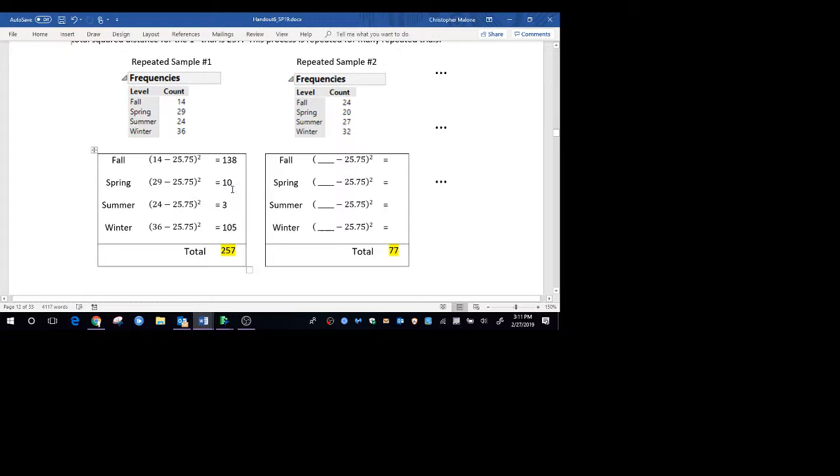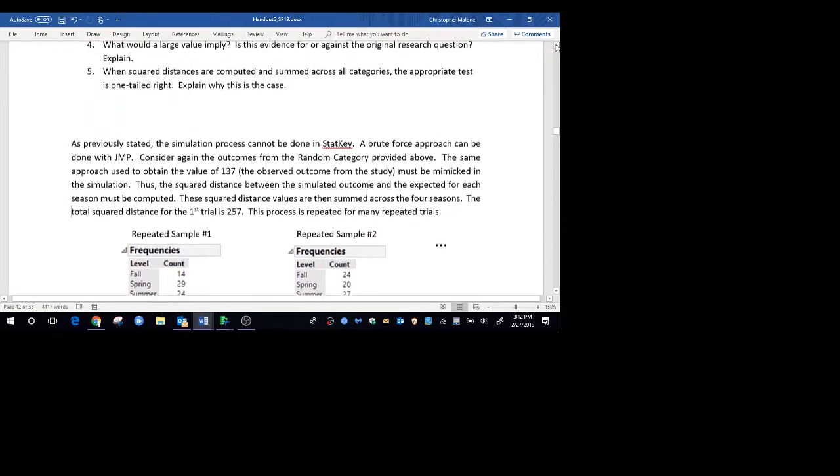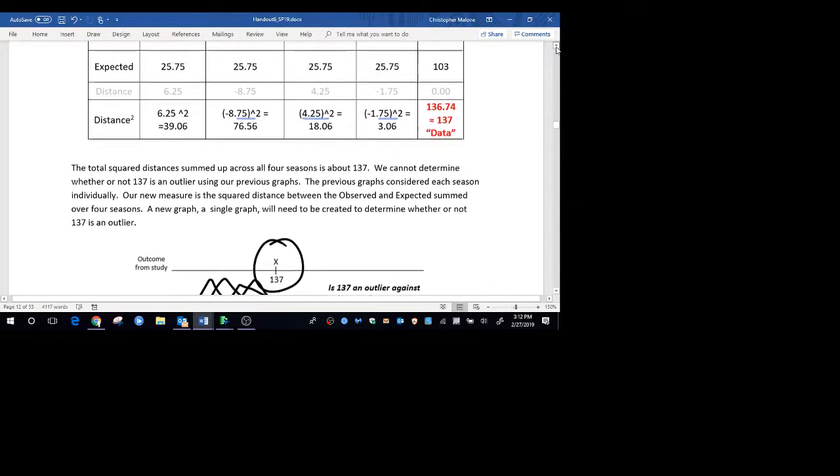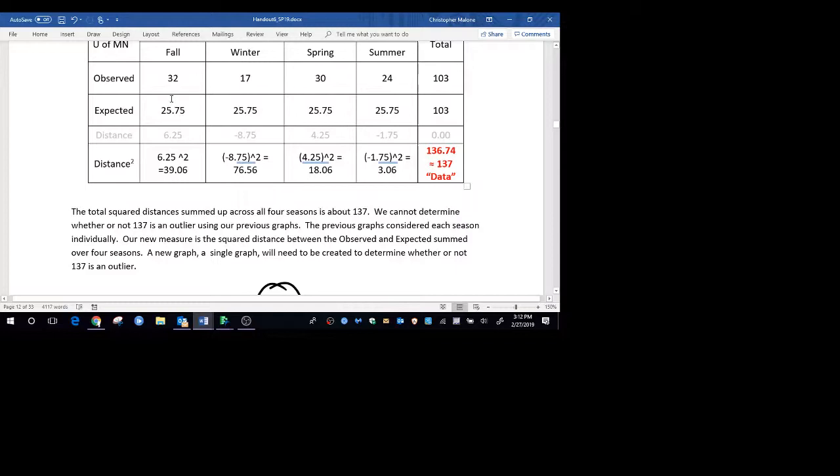I do exactly the same calculations that I did for the original data. So the original data, again, I got a value of 137, was it up here? Okay, I think it was 137 here. I need to do this same exact process with the data from my simulation.